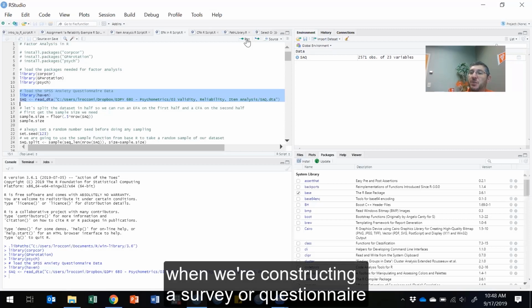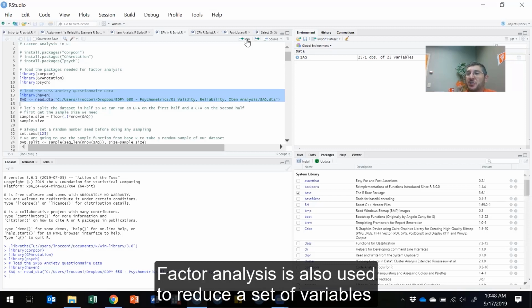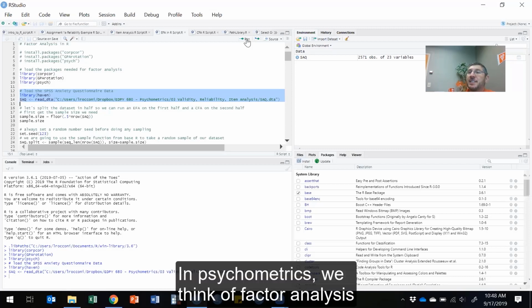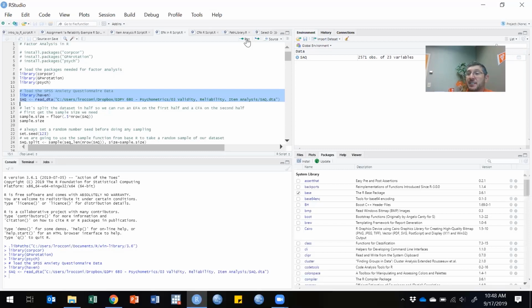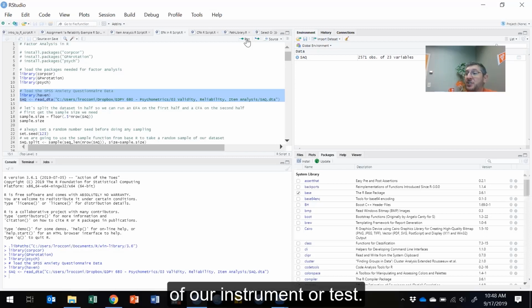We typically use it when we're constructing a survey or questionnaire and we're trying to measure some underlying construct. Factor analysis is also used to reduce a set of variables to a more manageable set. In psychometrics, we think of factor analysis as one way to help establish the validity of our instrument or test.